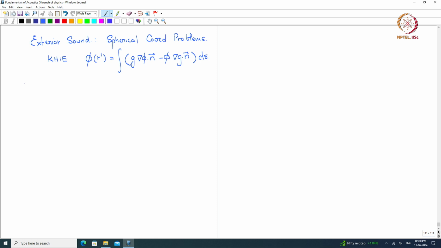So we know the Green function and we know derivatives of it, we know information about phi and del phi on the surface.